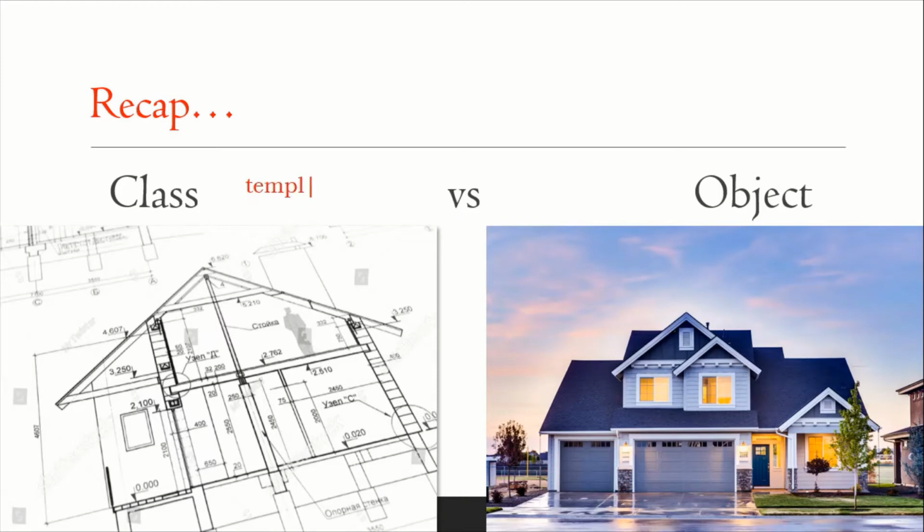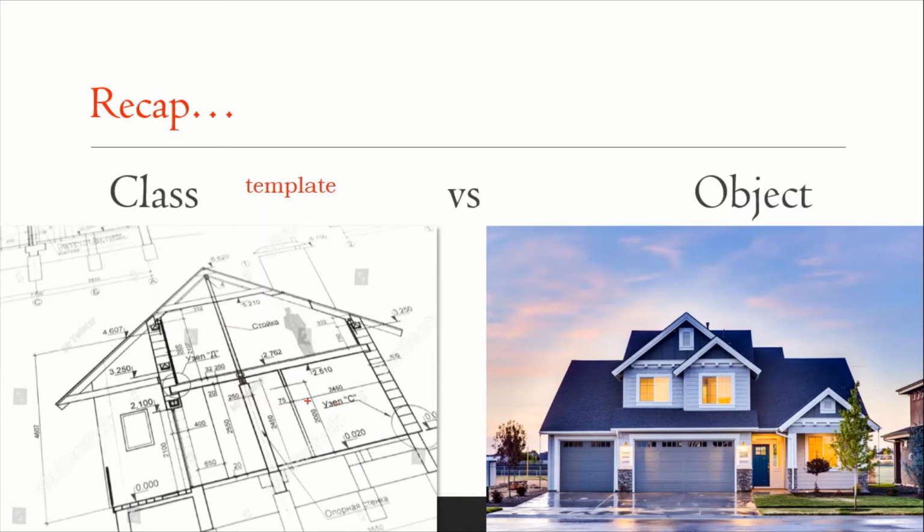A class is a template, means it is just an idea, an abstract idea of certain thing. For example, in this example, this is the plan of a building. Is it a real building? No, actually this is just a plan on a simple paper.